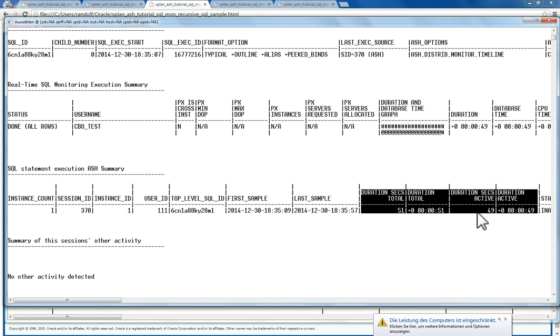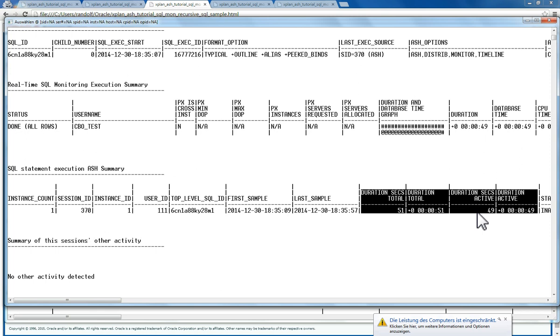But there is also the possibility that you have different SQL executions that are not belonging to the SQL execution analyzed. So in case of a query and the fetch phase, the same session could have opened many different cursors and could fetch some rows from one cursor and then fetch some rows from the other cursor.